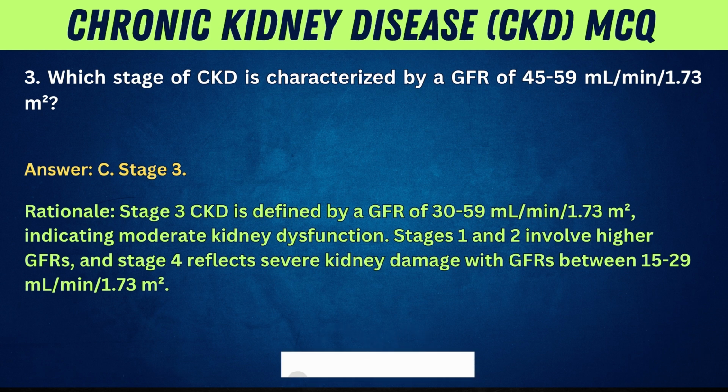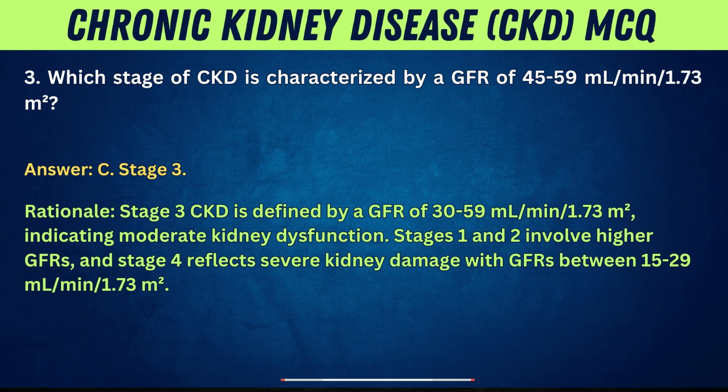Rationale: Stage 3 CKD is defined by a GFR of 30 to 59 ml/min/1.73 m², indicating moderate kidney dysfunction. Stages 1 and 2 involve higher GFRs, and Stage 4 reflects severe kidney damage with GFRs between 15 to 29 ml/min/1.73 m².